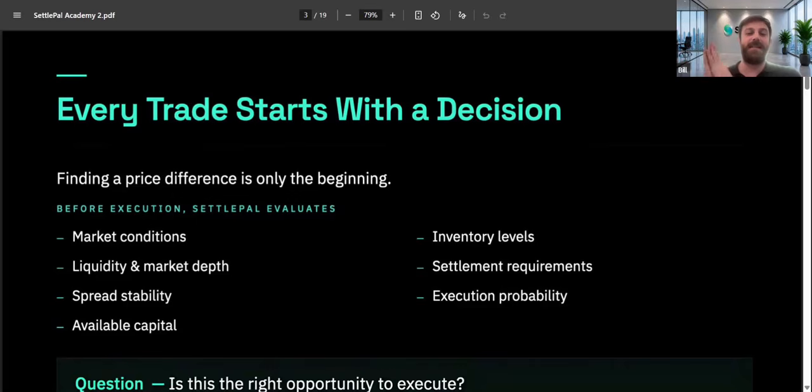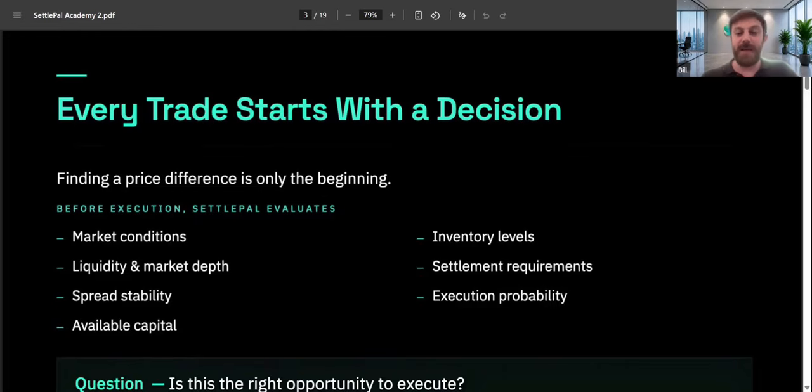So let me use a simple example. Imagine that SettlePal identifies a price difference between two exchanges that could possibly create a 1% return. At first glance, that looks very attractive, right? But then the platform will look deeper. What if the available liquidity is very low? What if only a small amount of capital can actually be executed at that price? What if the spread is moving really quickly?